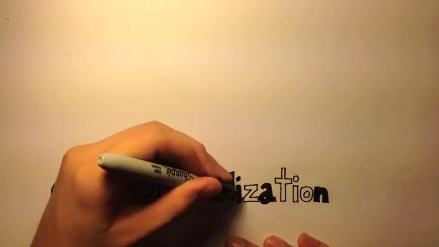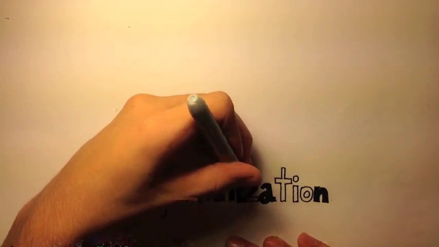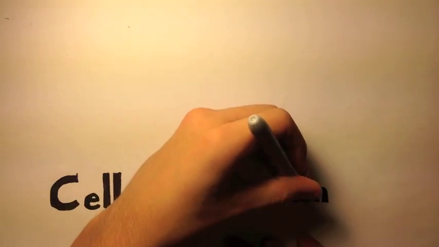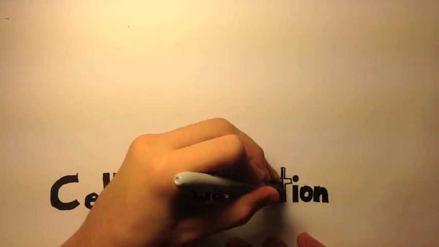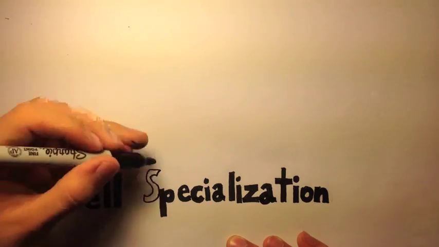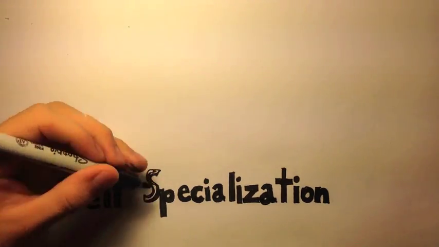Cell specialization is the process by which a less specialized embryonic cell becomes a more functional specialized cell type. A metaphor I like to use for cell specialization is to think of an artist with a palette painting a canvas. The paint by itself does not have a purpose, right?